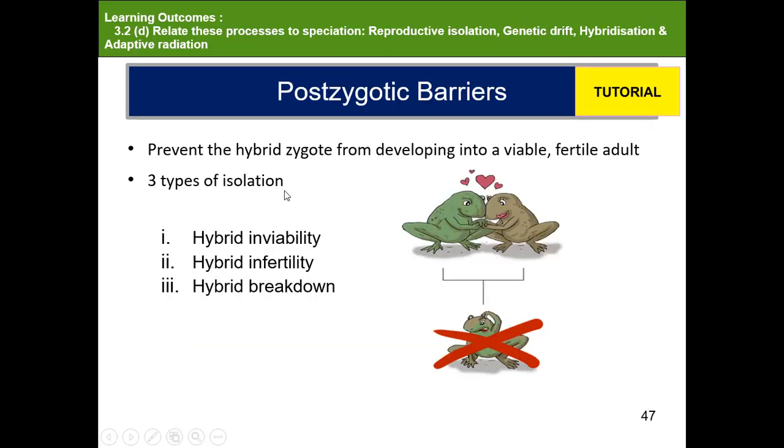Next are the factors that prevent the hybrid zygote from developing into a viable and fertile adult. There are three types of isolation: hybrid inviability, hybrid infertility, and hybrid breakdown.